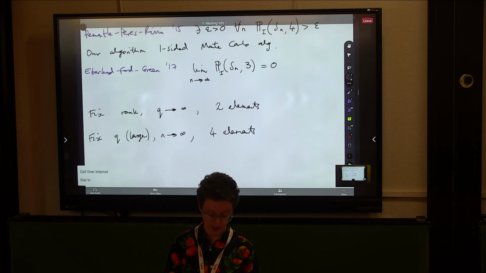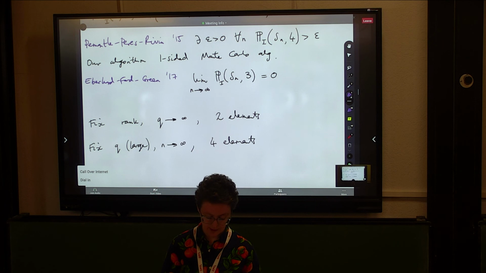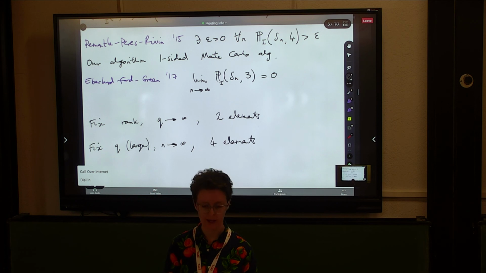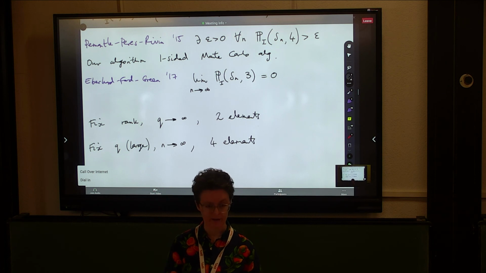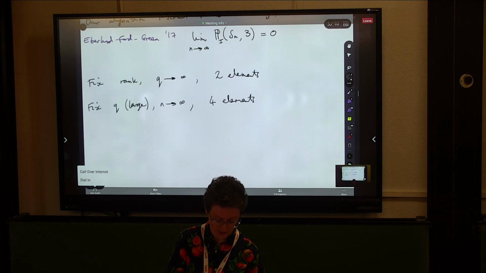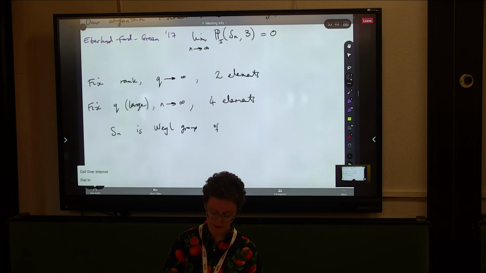And the way that we prove this is by a different technique completely. If you look at, for example, the special linear group as an algebraic group, then it has a Weil group. And Sn is the Weil group of SLN.